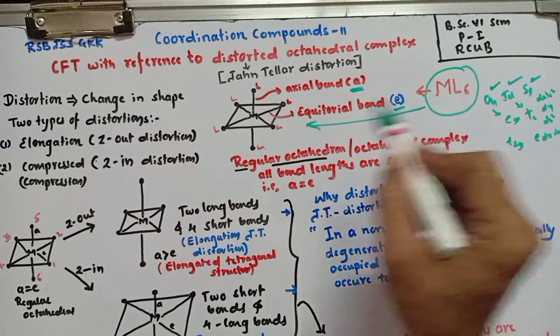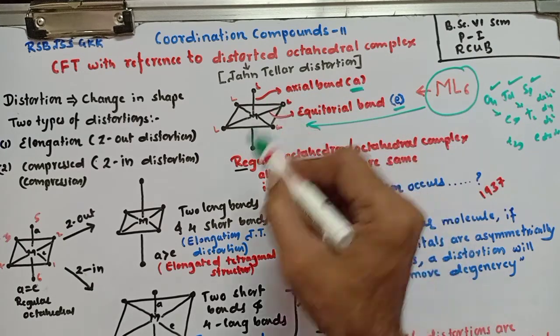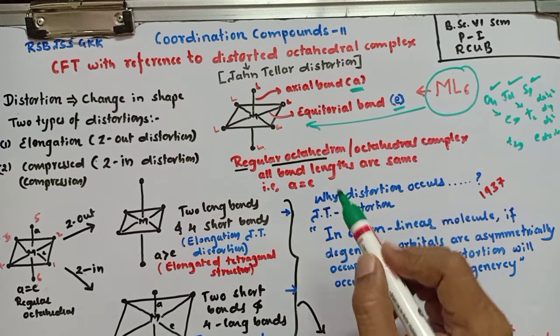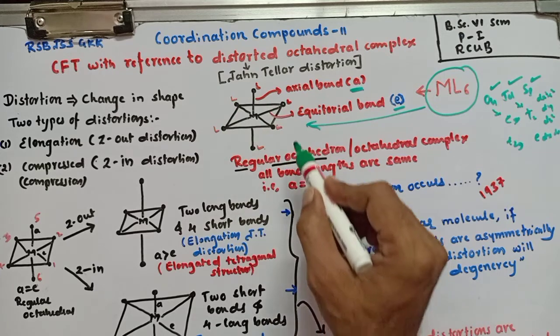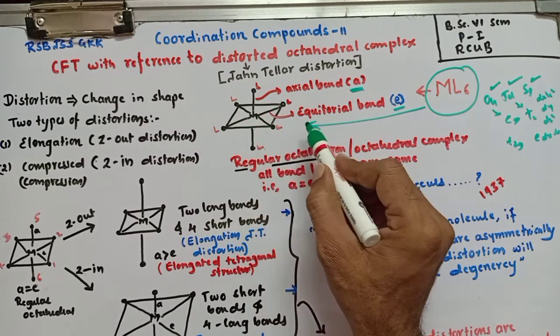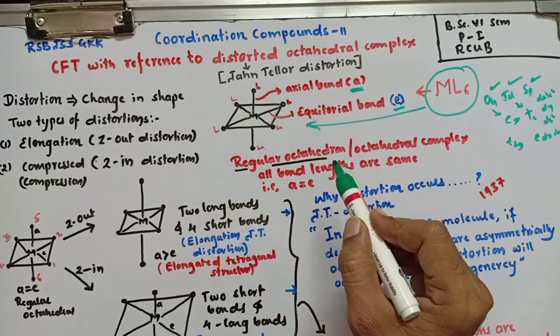Now, if you want to call this a regular octahedral or perfect octahedral complex, the condition is that all the bond lengths should be the same. That means the equatorial bonds and the axial bond lengths should be the same.